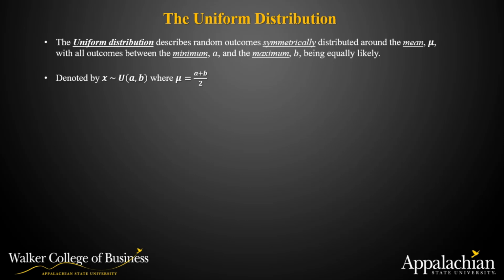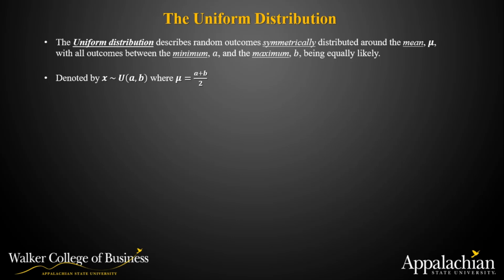As I previously noted, we indicate that x is a random variable that is distributed uniformly over the range A to B by x followed by a tilde, a capital U to indicate uniform, with the arguments being A, the minimum, and B, the maximum.